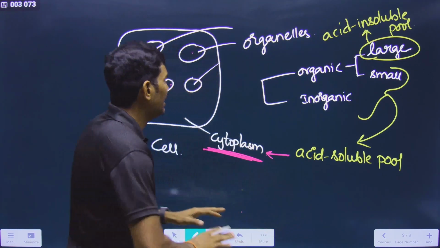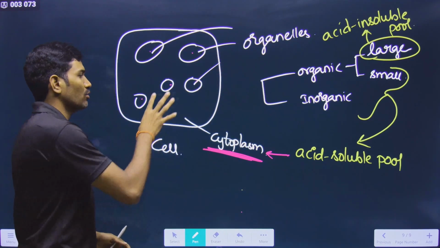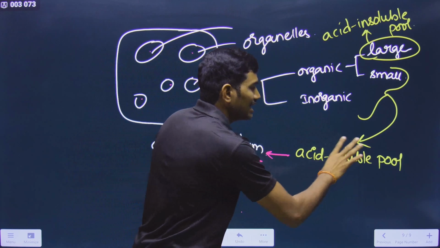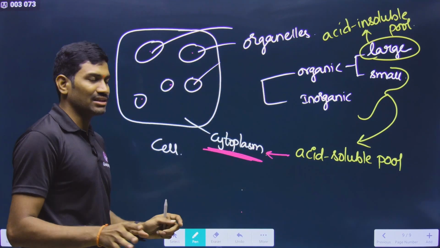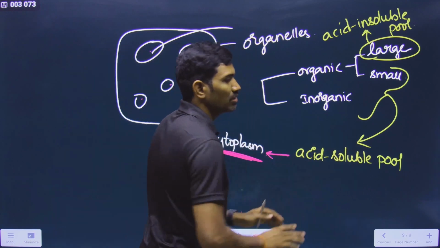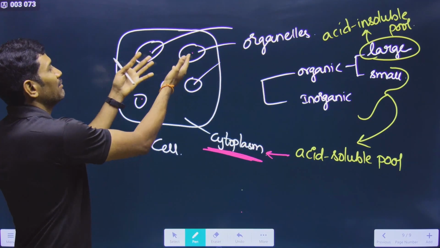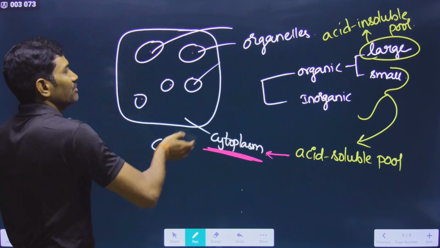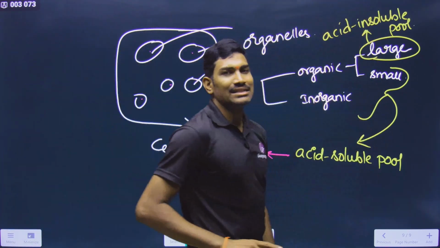So in this way, from the cell, wherever the small molecules are present, small molecules will come under the acid soluble pool, whether they are from cytoplasm or from the organelles, wherever it is. If they are large molecules, they may be from cytoplasm, or from the organelles, or from the plasma membrane, wherever it is. They all will come under the acid insoluble pool.